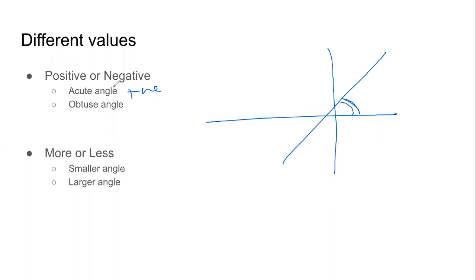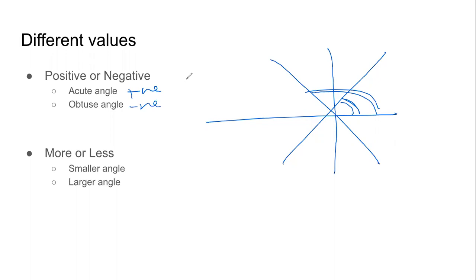The slope of the line is negative if the line makes an obtuse angle. So the angle that the line makes with the positive side of the x-axis tells us whether the slope will be positive or negative. If the angle is acute, it will be a positive slope. If the angle is obtuse, then it will be a negative slope.